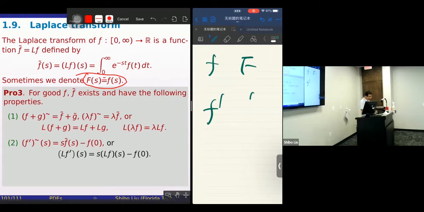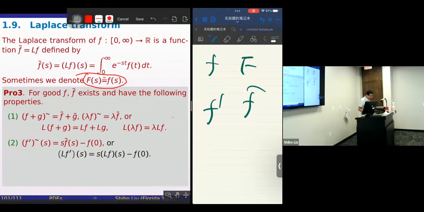But if you use our f tilde notation, you see, f prime tilde is the Laplace transform of f prime. So this justifies my introduction of this f tilde notation. But this is only legal in our classroom, not even for our test. Maybe the GSA grading your test does not know this notation.